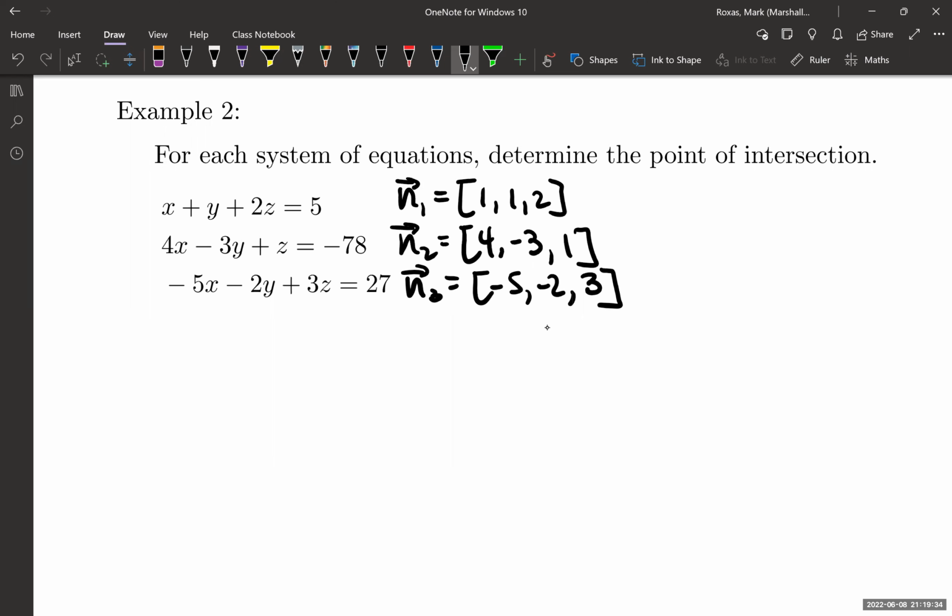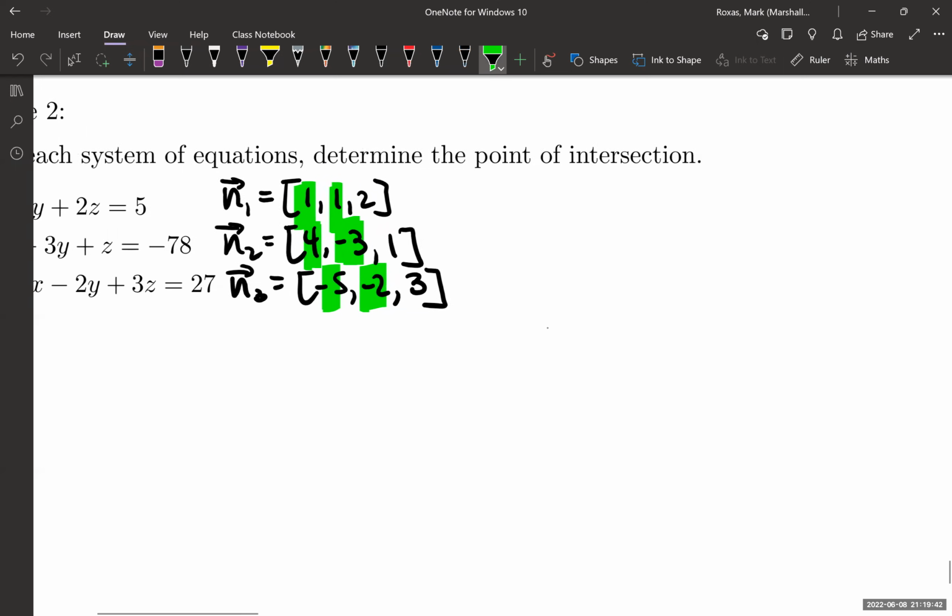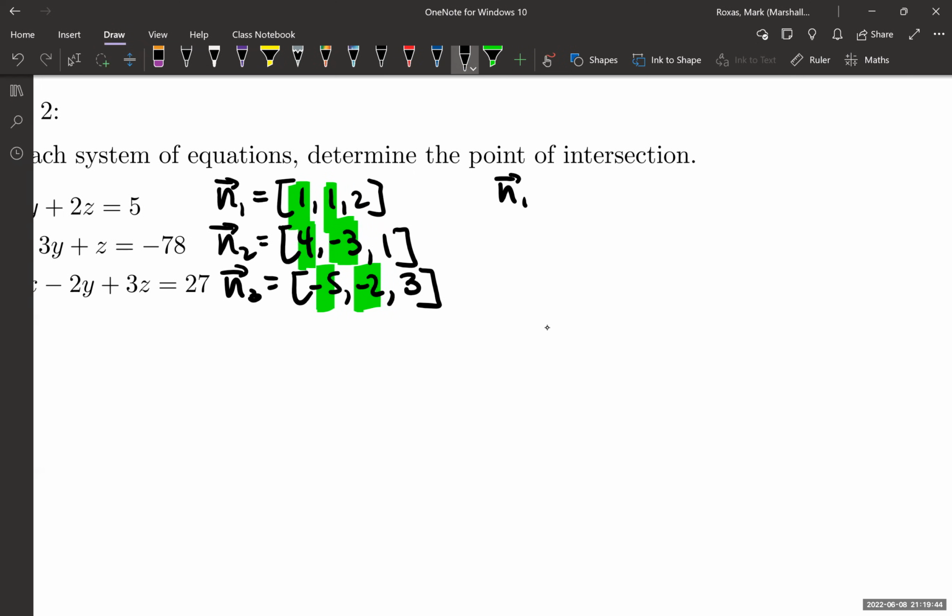Are they scalar multiples of each other? No, it doesn't look like that. So n1 is not equal to a scalar multiple of n2 or n3. I can't find a scale factor that relates one vector to another. I can't multiply by 4 and get the other components, or anything like that.